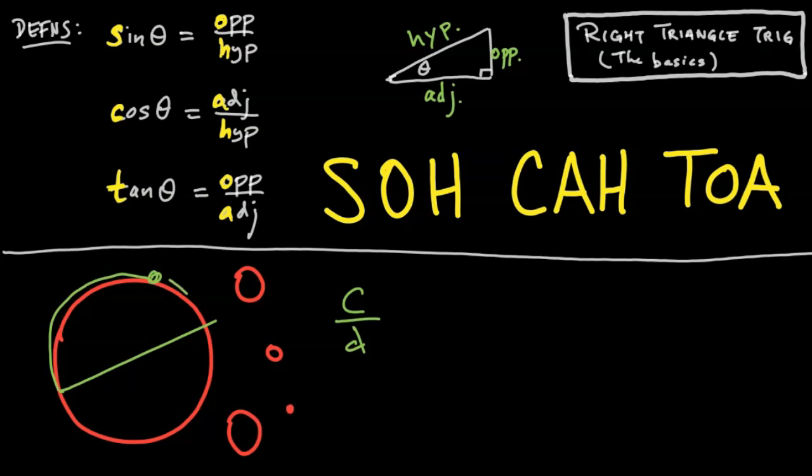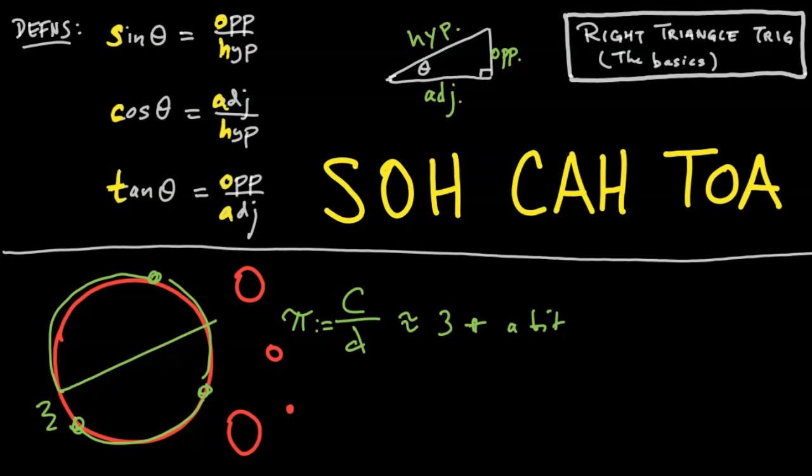Lay it off once, twice, 3 times, and a little bit. So we knew that this ratio, circumference to diameter, was going to be a little bigger than 3. And we gave that ratio a name. We called it pi. So in fact, we could say that pi, which was once a new idea to you, is defined as the circumference over the diameter, and that is about 3 plus a bit. And then, of course, you were told that it's actually about 3.14159, etc.